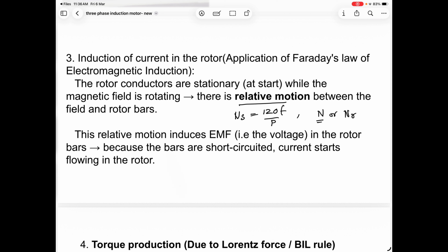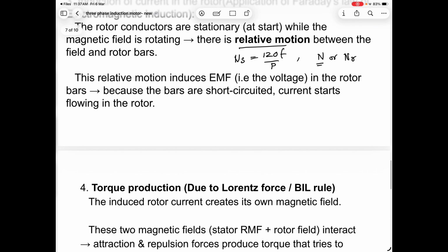This relative motion induces EMF, that is, voltage in the rotor bars. Because the bars are short-circuited, current starts flowing in the rotor. So why does current start flowing in the rotor? Because the bars are short-circuited.